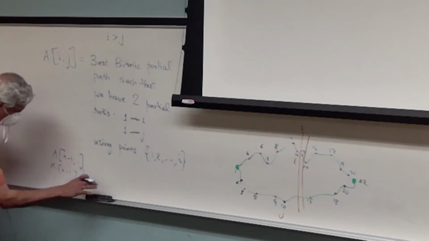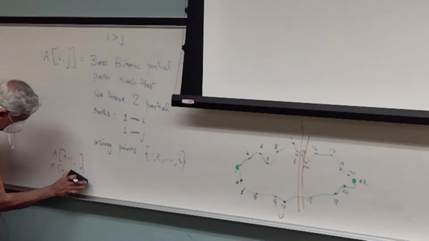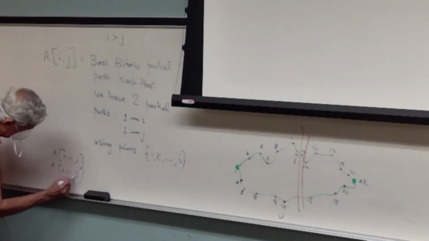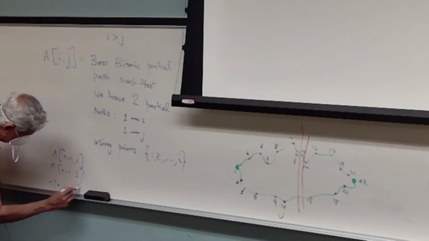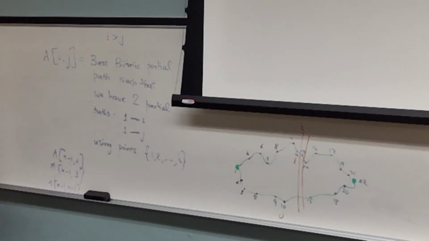I would have 3 and 4, and all the way up to A of n minus 1, n minus 2. I would have all these subproblems solved. I would have all those answers. And one of these must give me my final answer.